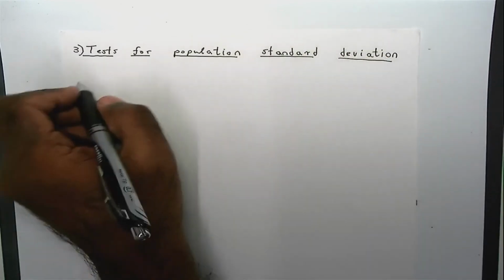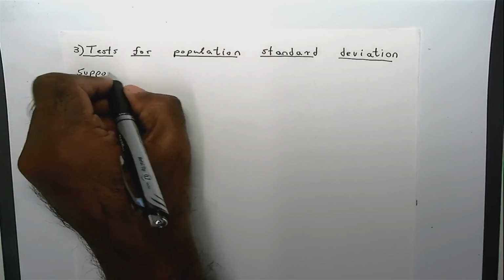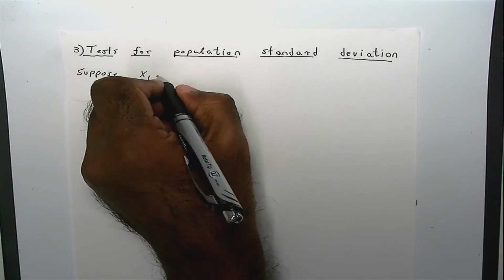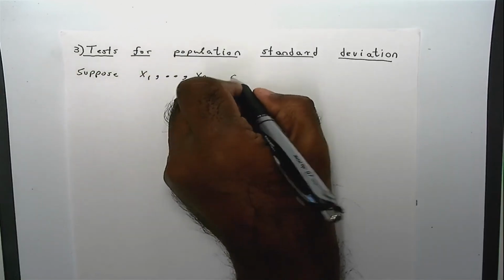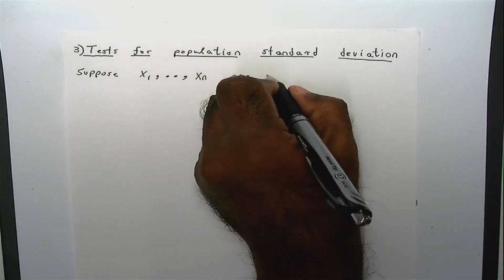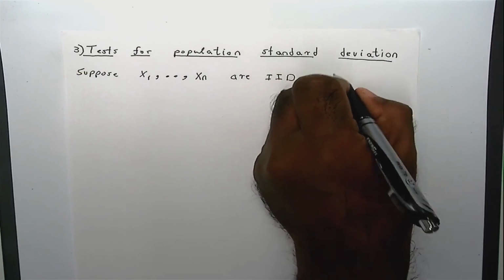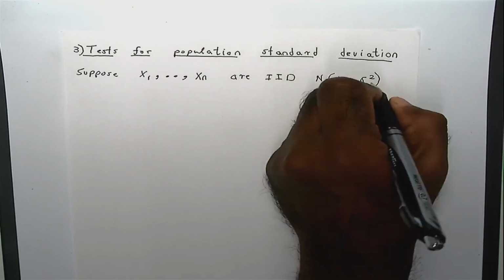So here I'm going to suppose that you have data which are IID from a normal distribution with parameters mu and sigma squared, right?